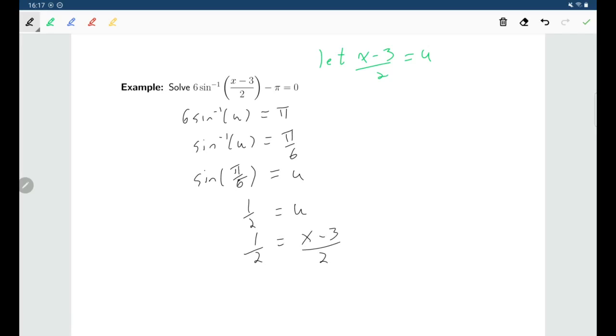And so we can solve and find out that x should be 4. So if you have a value of 4 for x, and we put this into the original equation, it should make left side and right side equal to each other. In other words, we found that 4 is the solution to this equation.